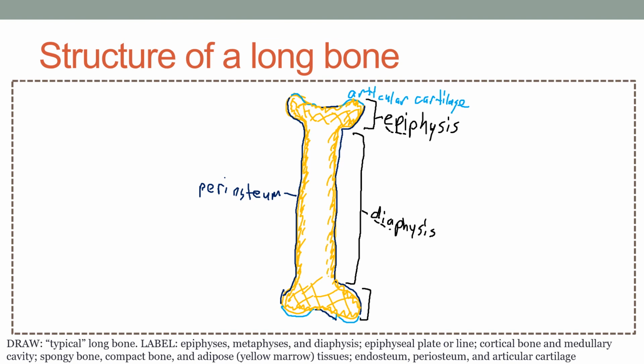Most of the diaphysis is filled with the yellow bone marrow we talked about earlier. Sometimes in the epiphysis you find red bone marrow, but in adults, we've lost most of the red bone marrow in our epiphyses.